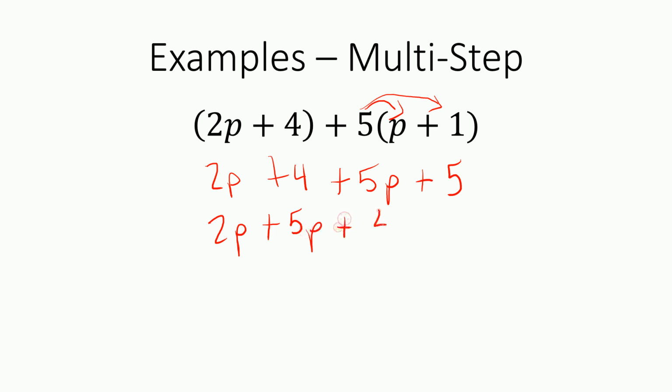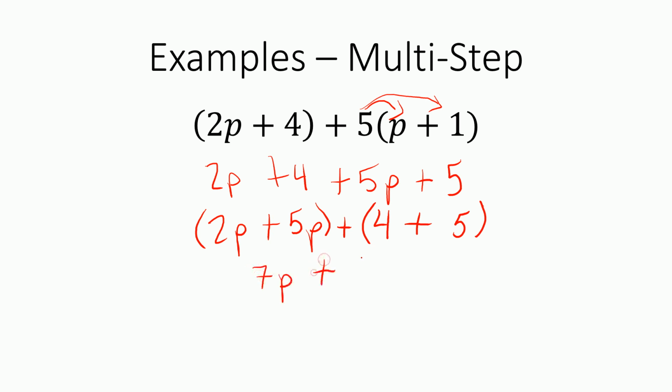And once I have those like terms together, then what I can do is use the associative property to group them into groups of like terms. And that way, really for my eyes, I can see that these two are like terms, those two are like terms. They're going to become one term that we can combine. 5 plus 2 is 7.